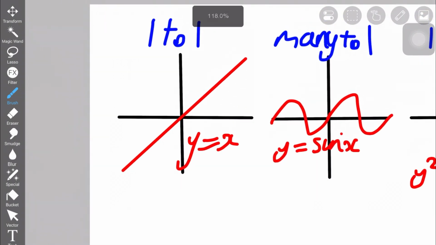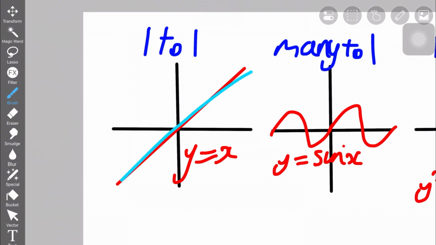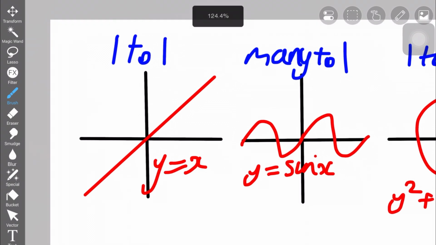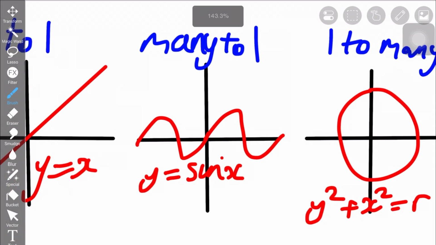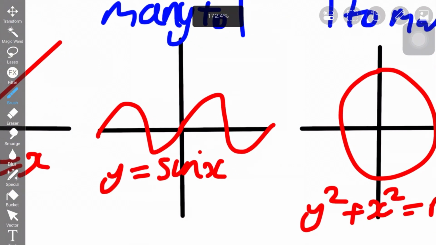Every value that a mapping can take as an input, that set of values is called the domain. So for example here, y equals x, the set of values that this can take in is basically any real number, because the output is just the same as the input. So this can take anything in. Here, y is sine of x, so what values can this take in and give us a valid output?